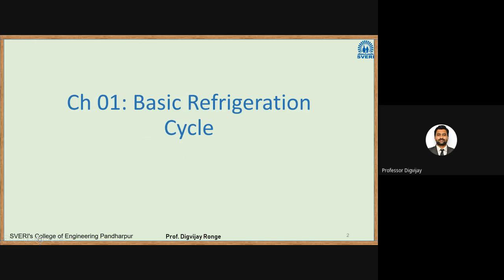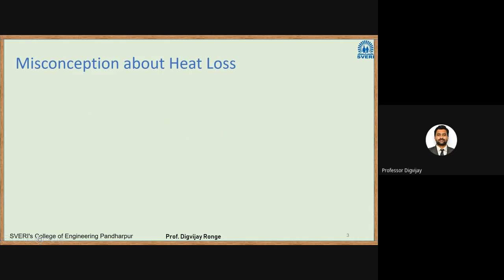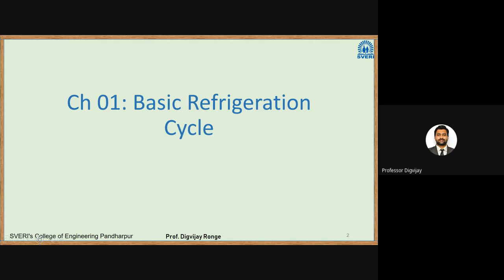So we are in the first chapter, basic refrigeration cycle. In the last few lectures we have seen the vapor compression refrigeration cycle, and in the last lecture I showed you the various components involved in VCC. We saw different types of evaporators, condensers, and compressors. I also showed you how to select a compressor.